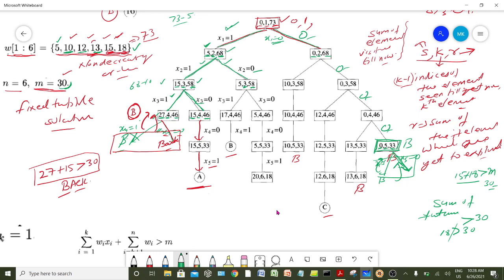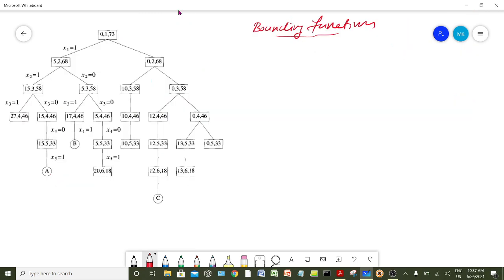So the next task is to generate the conditions for this backtracking, and the conditions for this backtracking I have just taught you earlier also, they are termed as your bounding functions. So the next task in the line is to generate the bounding function. Let us discuss the bounding function.